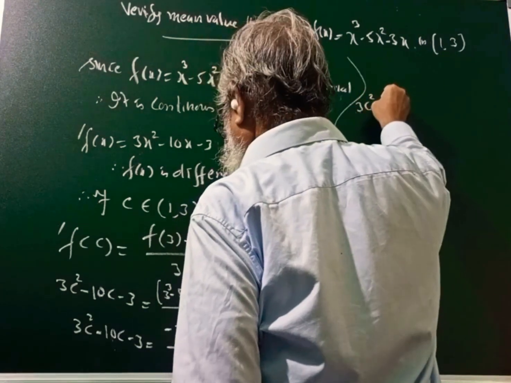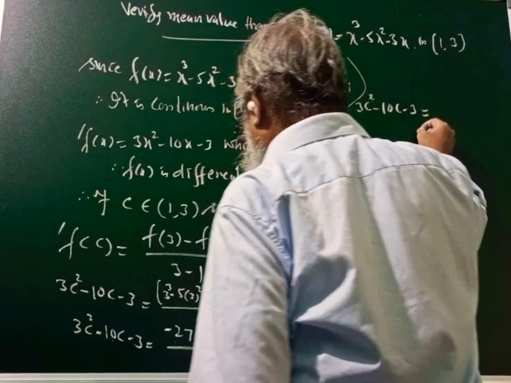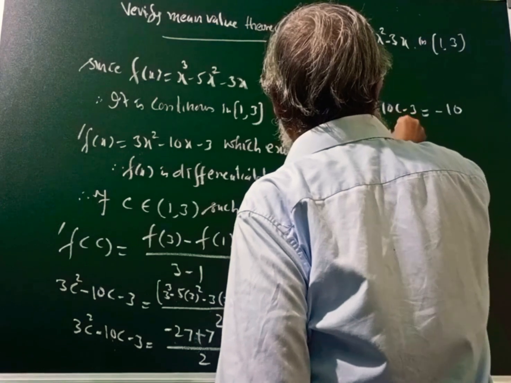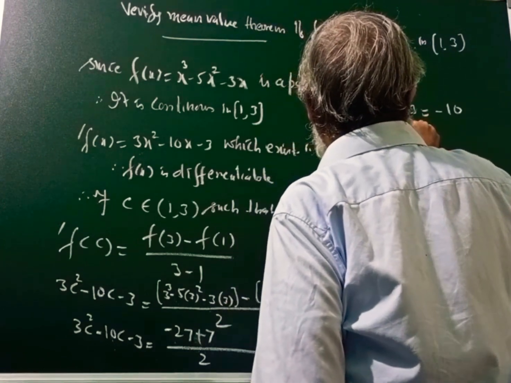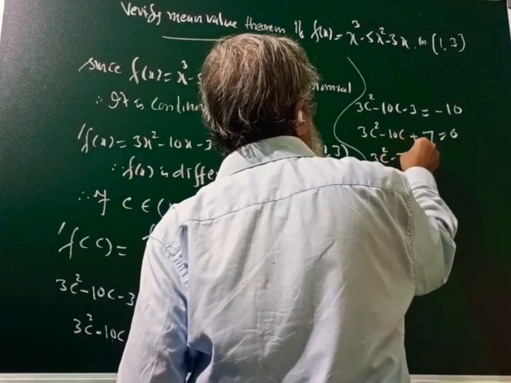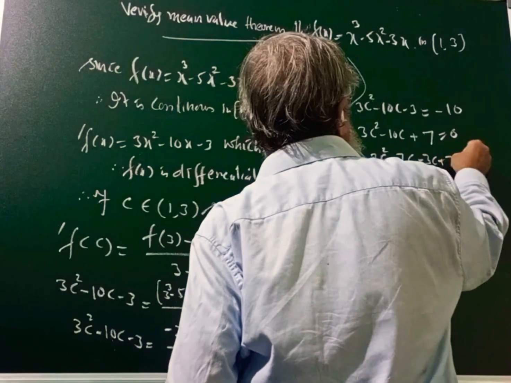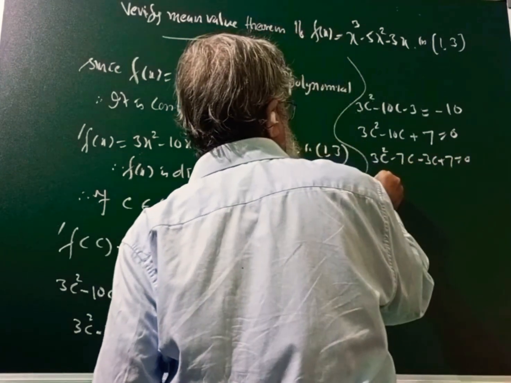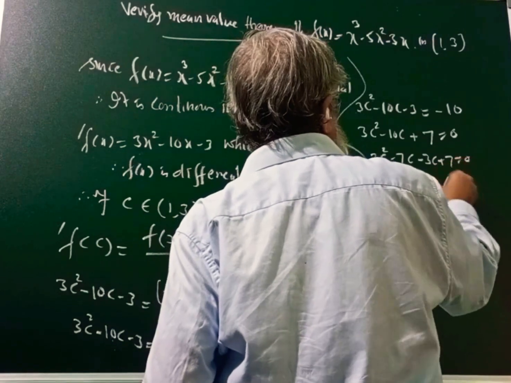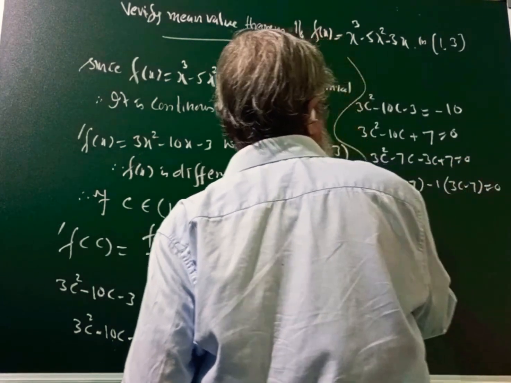3c square minus 10c minus 3 is equal to 3c square minus 10c minus 7c minus 3c plus 7, that is equal to 0. So the common factor is c minus 1: c minus 1 into 3c minus 7 is equal to 0.